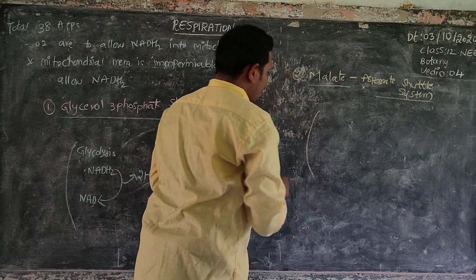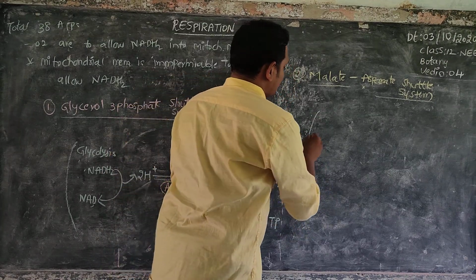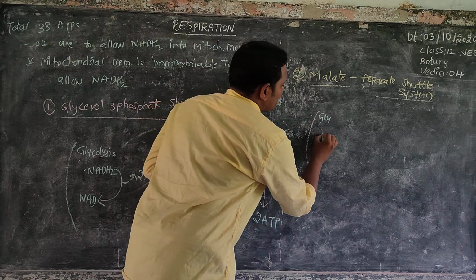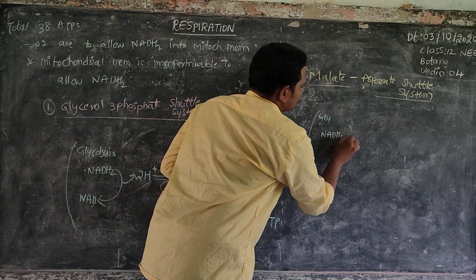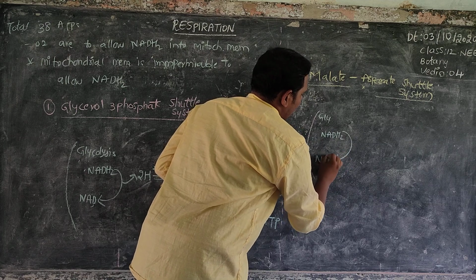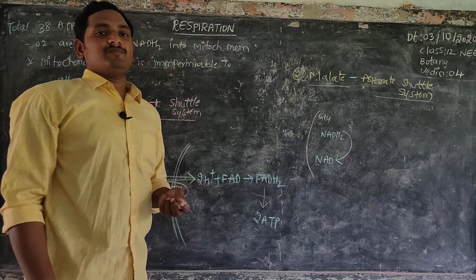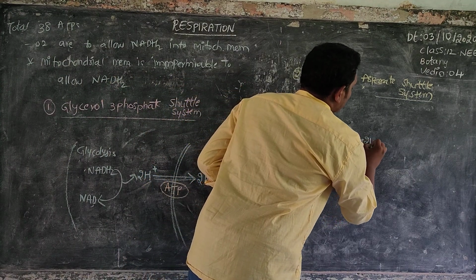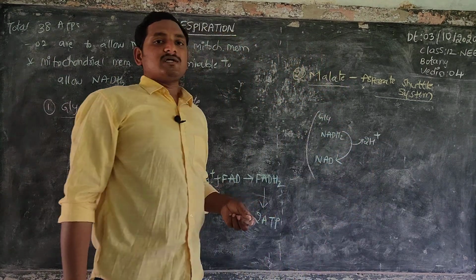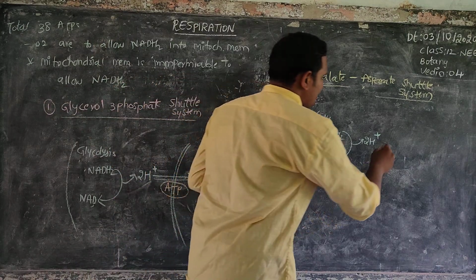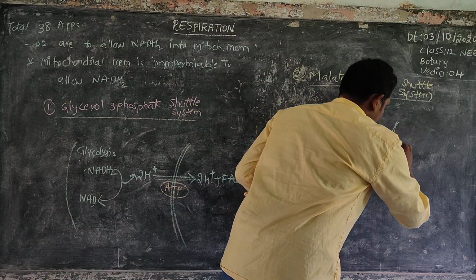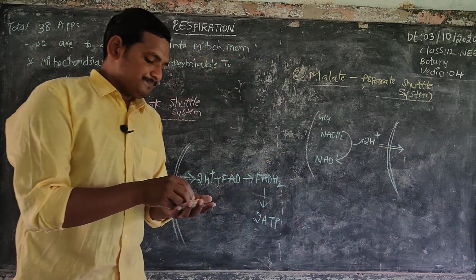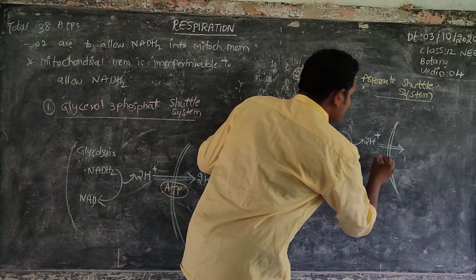This is the membrane, this is the cytoplasm, this is the glycolysis. NADH2 changes into NAD, which means regeneration of NAD, and releases a pair of protons. The pair of protons enters the mitochondrial membrane by the expenditure of ATP.